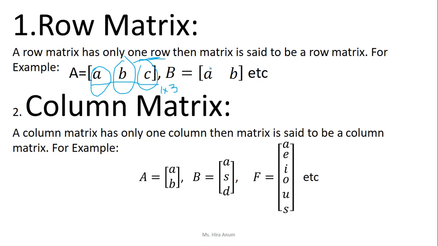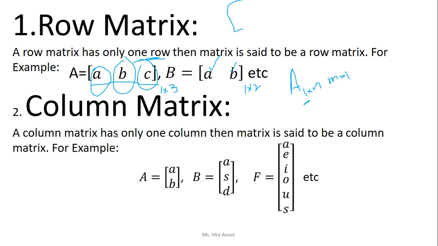When you write a matrix in just 1 row, then it is called a row matrix. You can write here A as 1 cross N. N will change, but M will always be 1 in a row matrix.